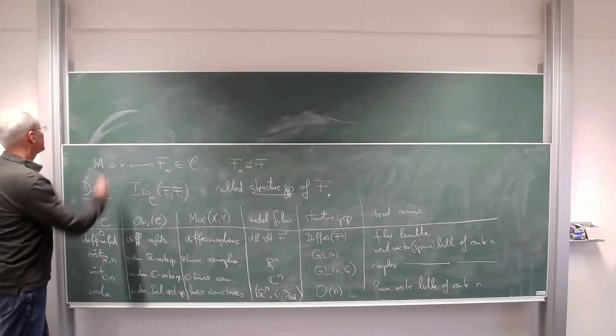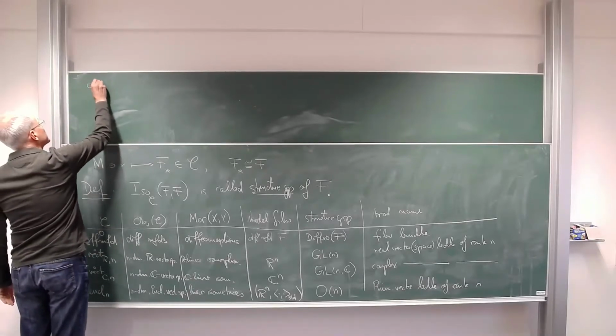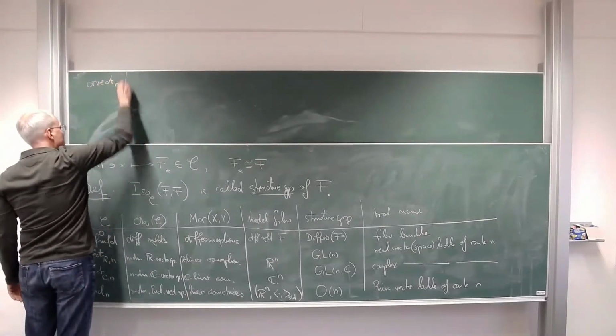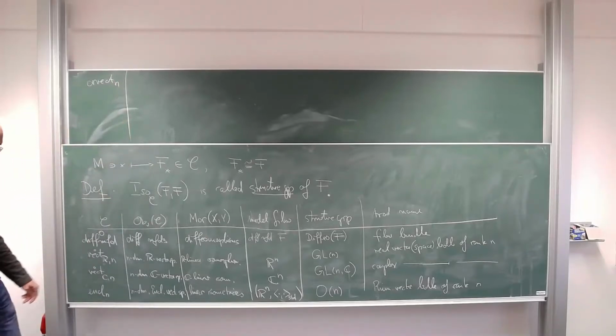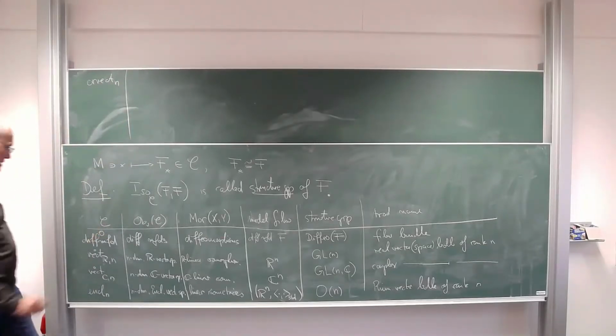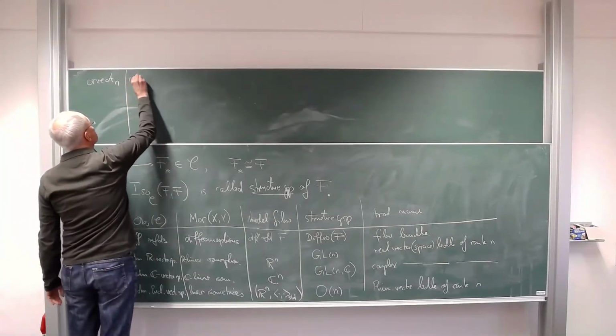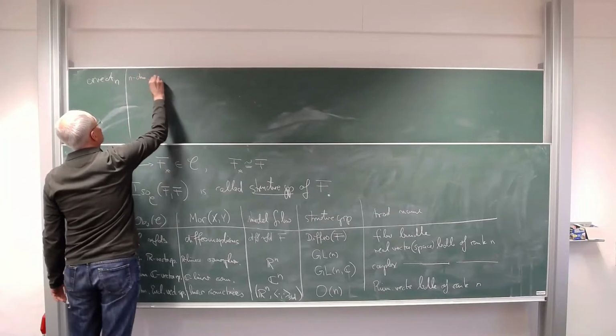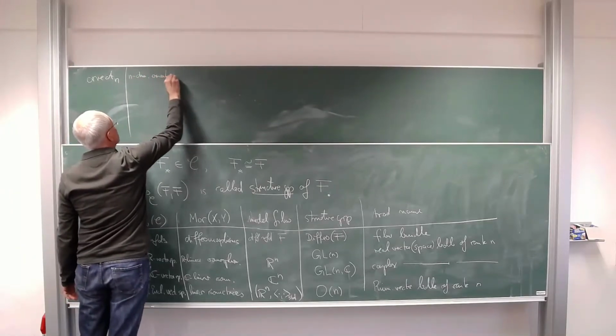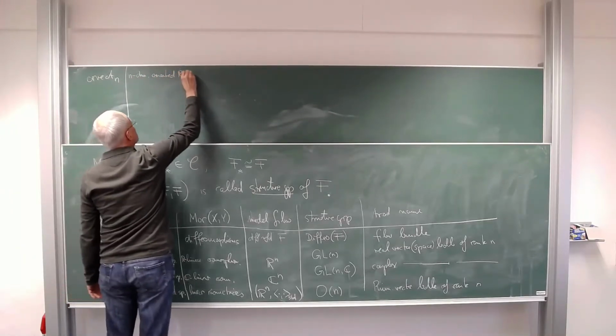Let's say we take OrVect n, which stands for, in this case the objects are n-dimensional oriented real vector spaces.